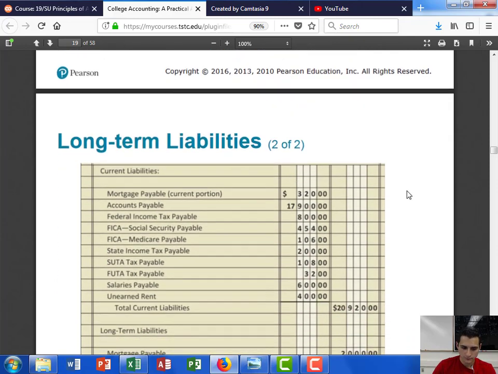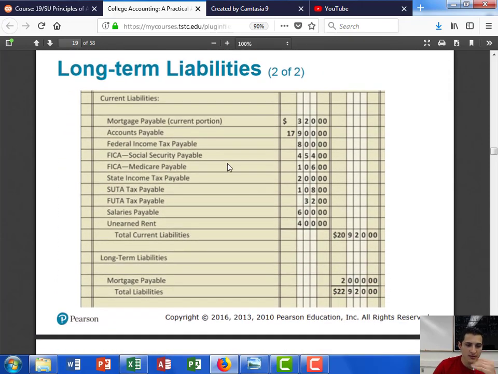As shown here, the current portion for that mortgage payable for this example in the PowerPoint is $320, and the remainder is going to be $2,000 as shown in this section. Mortgage payable shows that subtotal area here of $2,000, not in this first column because it's already just a final number to another number.